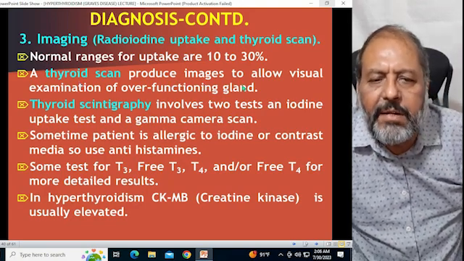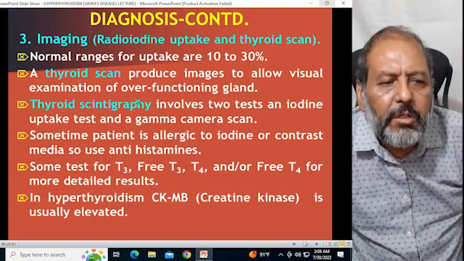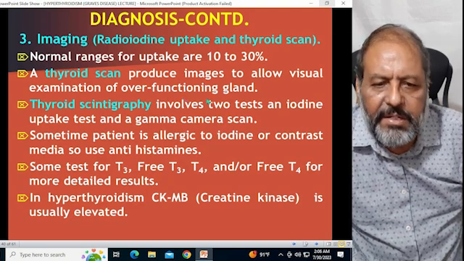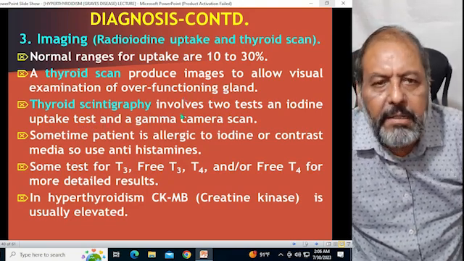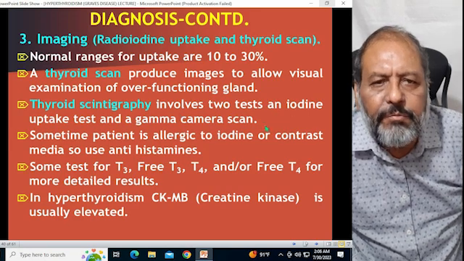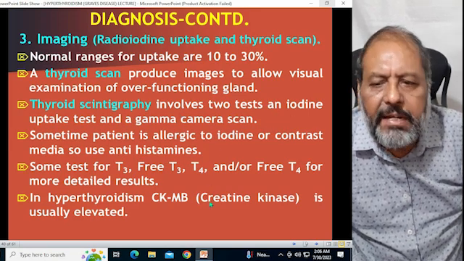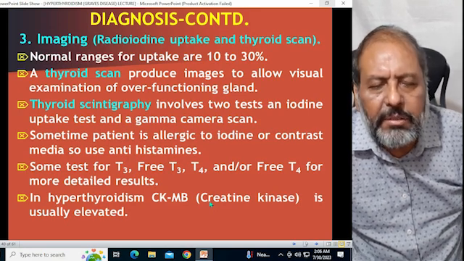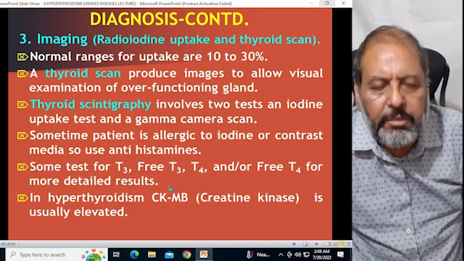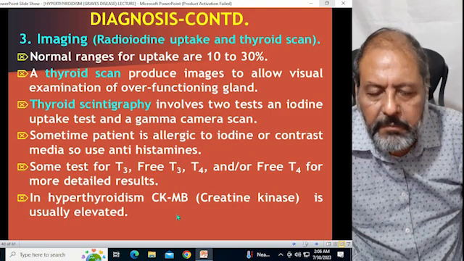A thyroid scan produces images to allow visual examination of the overfunctioning gland, and thyroid scintigraphy involves two tests, an iodine uptake test and a gamma camera scan, so that one can reach a diagnosis very amicably.